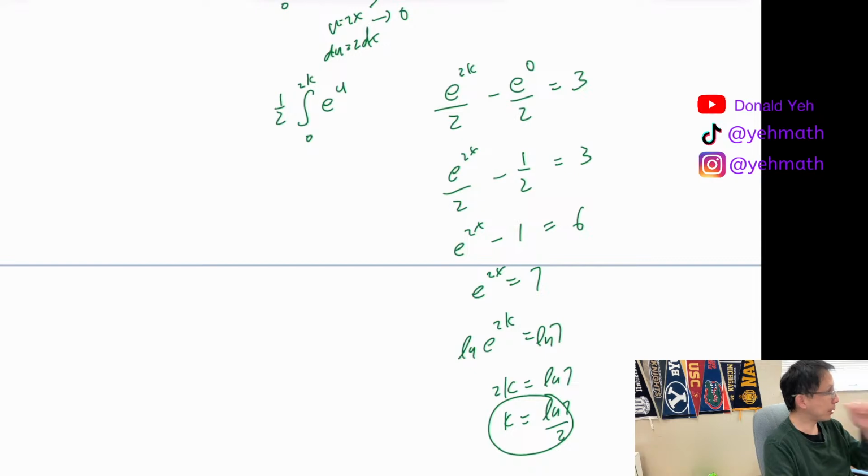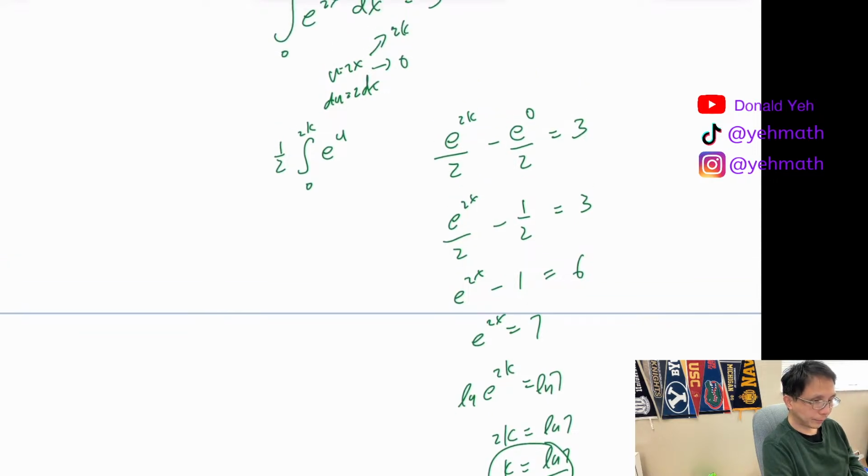This question is a good test question. You know how at the very beginning it's 1/2, and you plugged in 2k and 0. I understood the change of boundaries; the next step is where you got e to the 2k over 2 minus e to the 0 over 2 equals 3. You just plugged in 2k and 0, but I don't know how to break this down. I just did e to the u, right? You didn't plug back in.